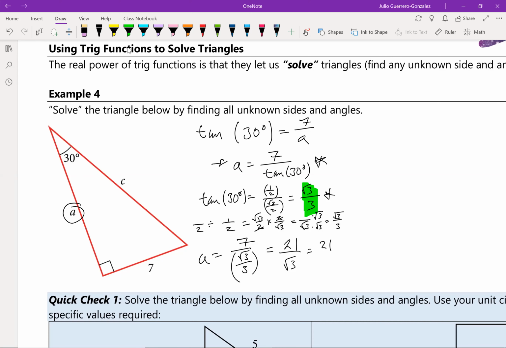If you do it all right, let me see. 7. Yeah. 7 square root 3.